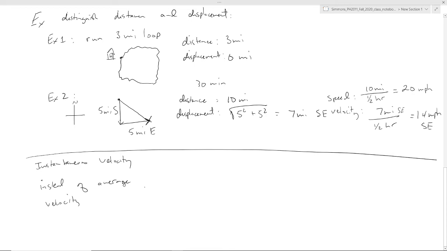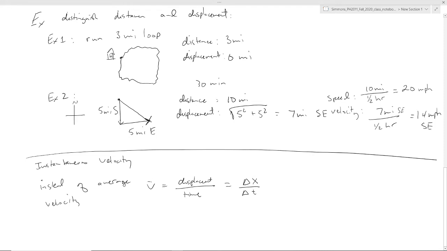so recall with average velocity, what we had just been doing, we said that it's displacement over time. A lot of times we'll indicate this displacement as some x and the time as some interval, some delta t.